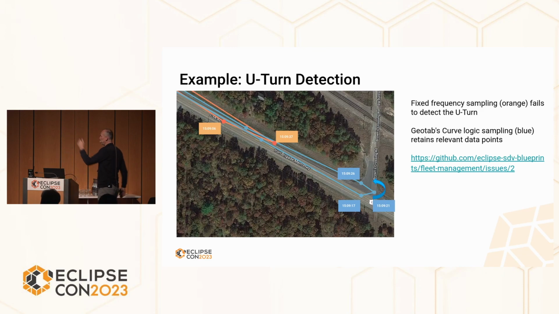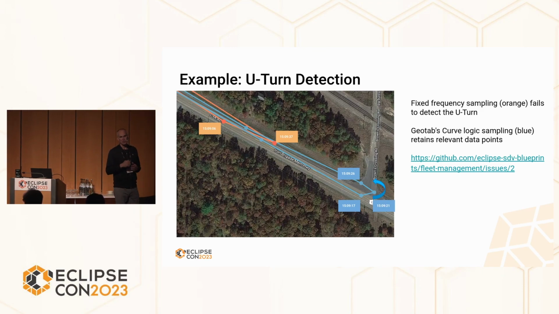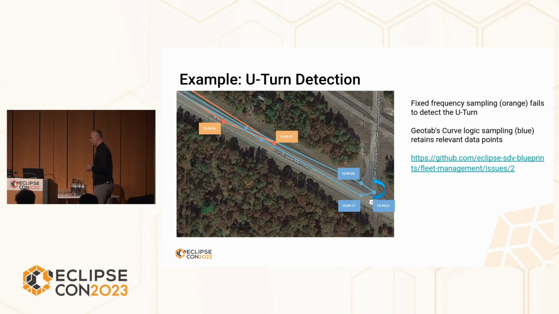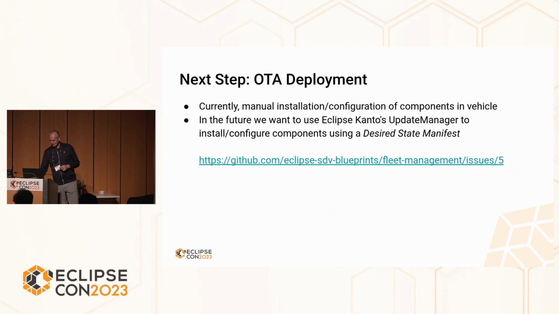And they also have created an implementation of that in Python. And we have created an issue where we are talking about integrating that into the fleet management use case now. And that is what we will do together with Geotab.